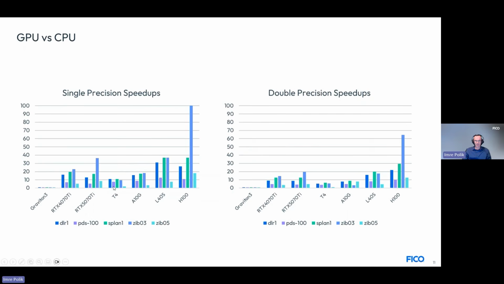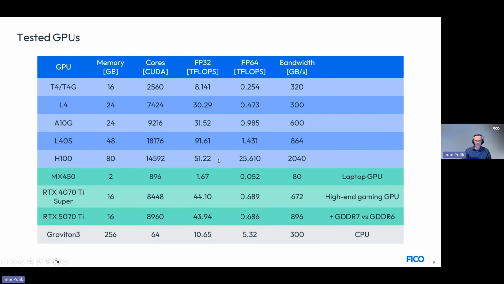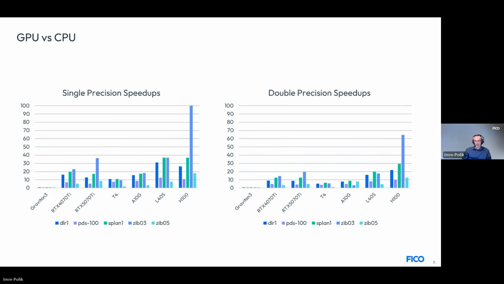The first lesson here is that even the gaming GPUs actually offer very good speedup, or even the simple AWS instances offer very good speedup in general. However, the high-end cards like the H100 offer extremely good speedup even for double precision operations, which is not surprising, because if we go back a couple of slides, we can see that the H100 has 25 teraflops of double precision throughput, which is way more than anything else in this table.